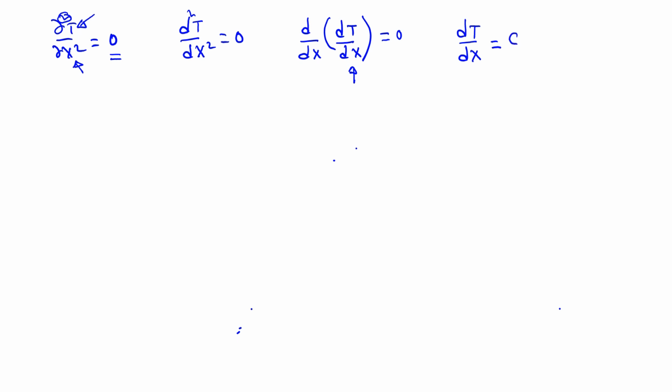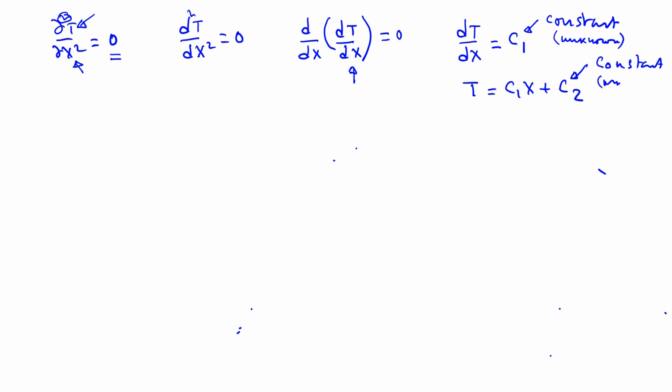Let's call that C1, where C1 is a constant. Then if we repeat the integration, we get T equal to C1 x plus C2, where C2 is also a constant. And by constant, we also mean they're unknown.